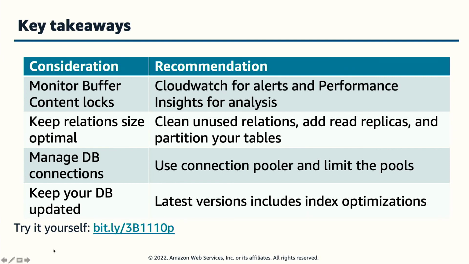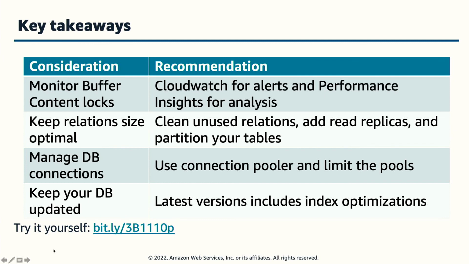Then use a connection pooler and limit the pools. And last but not least, use the latest version. Keep your database updated as much as you can. Don't let it linger, because then a major upgrade is going to be much more painful. The latest versions always include optimizations like index optimization.